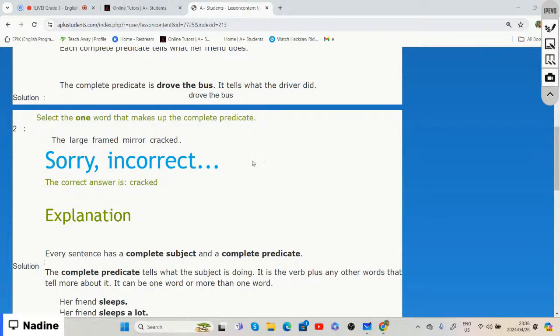So the large framed mirror cracked. What is the subject doing? What is happening? What is the action within that sentence?